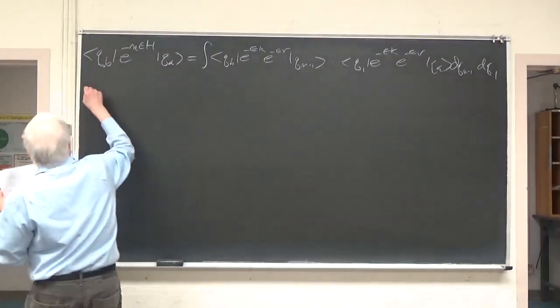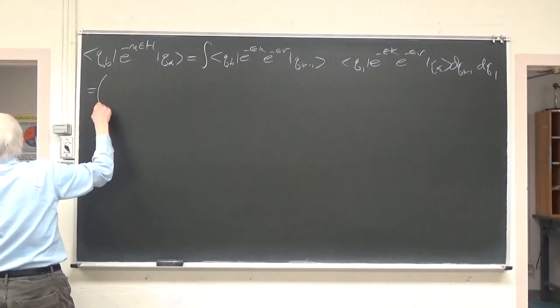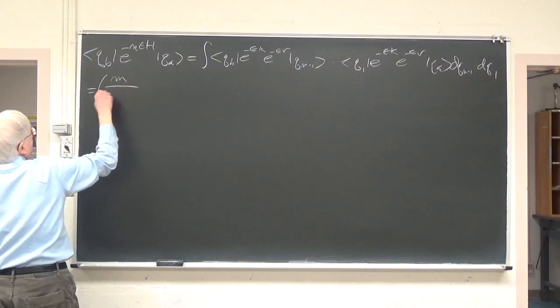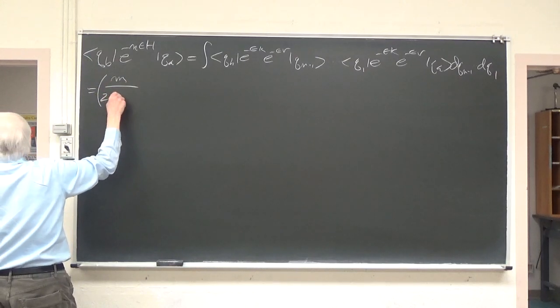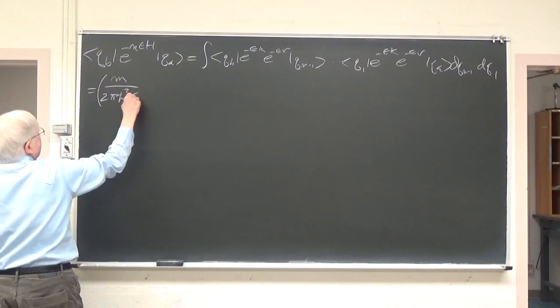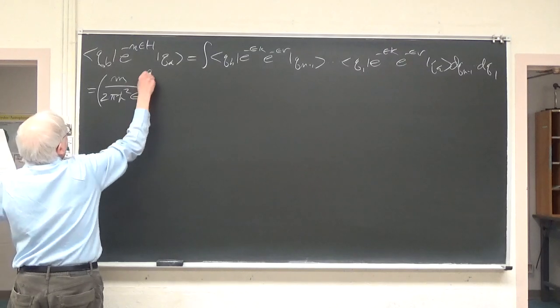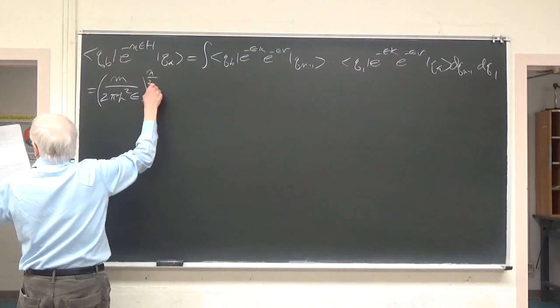And this is then m over 2 pi h bar squared epsilon to the n over 2.